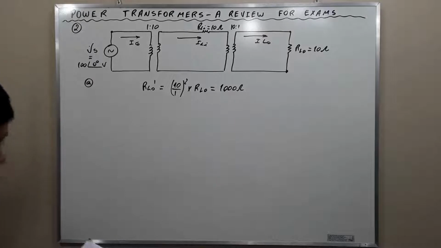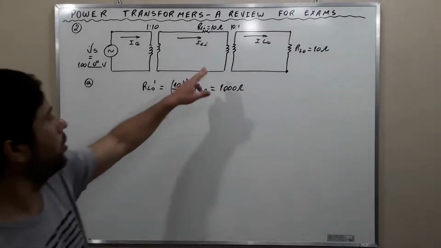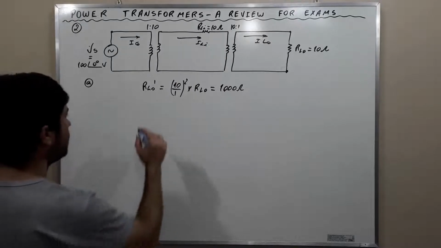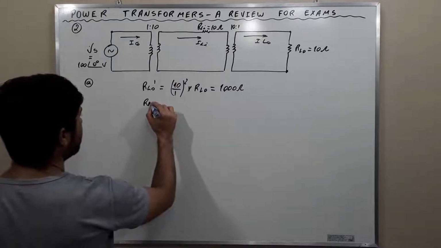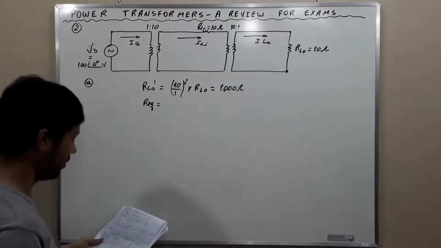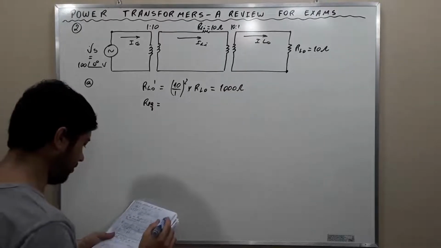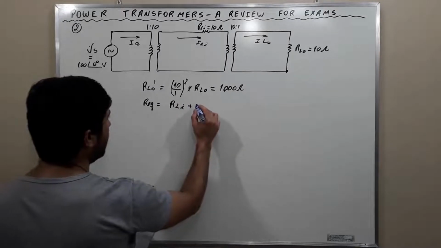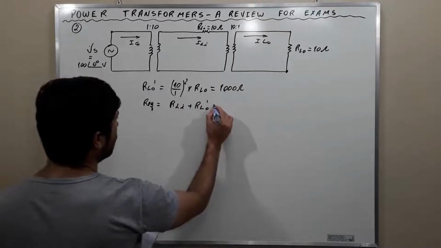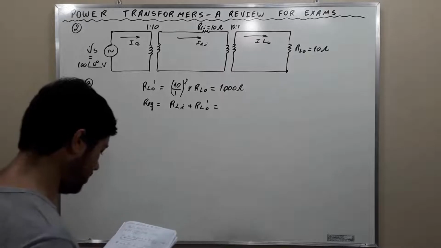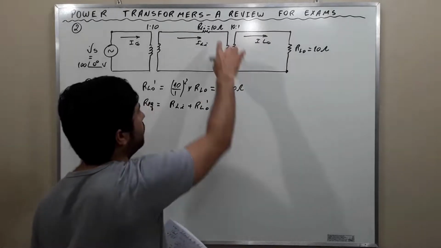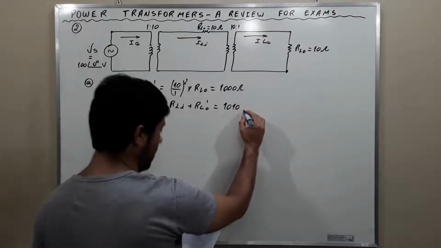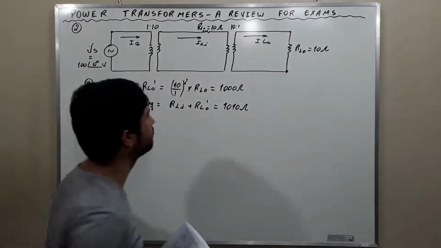Subsequently, we combine this with this, and we call it the equivalent resistance, R eq. The equivalent resistance is RL plus R low prime, equal to 10 plus 1,000, 1,010 ohms.